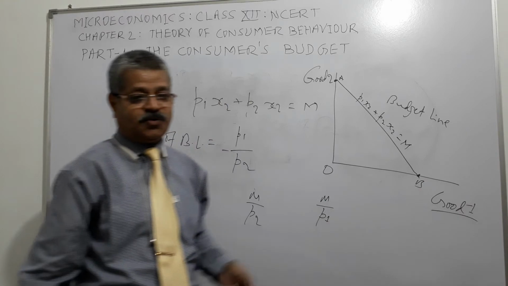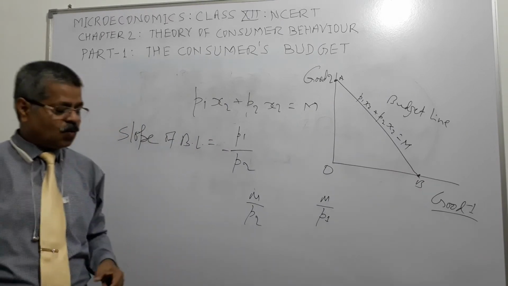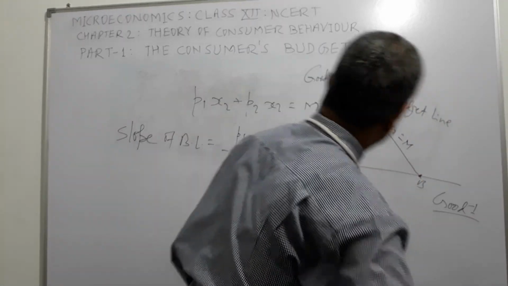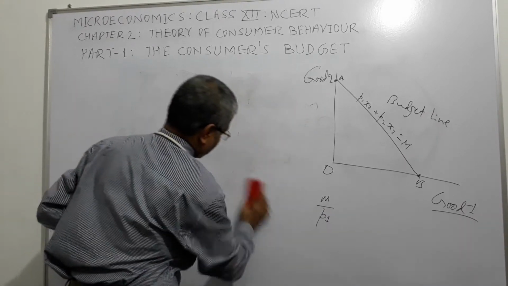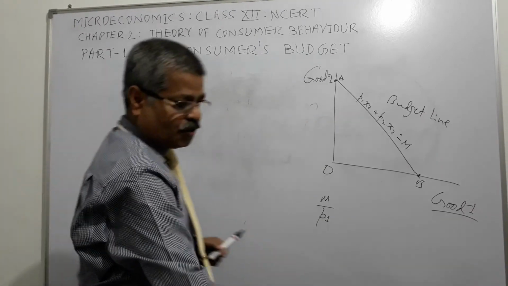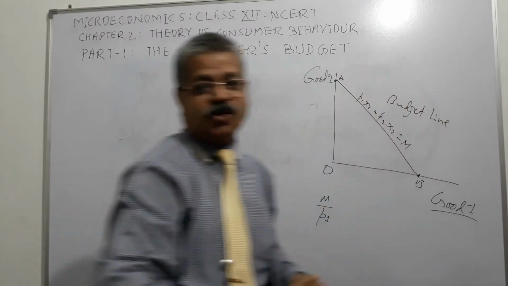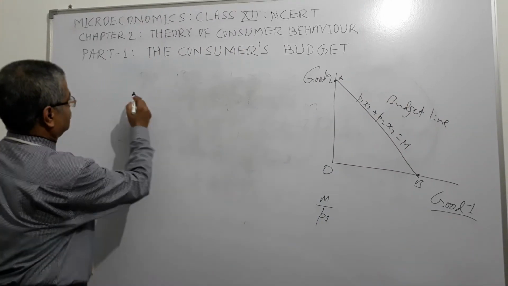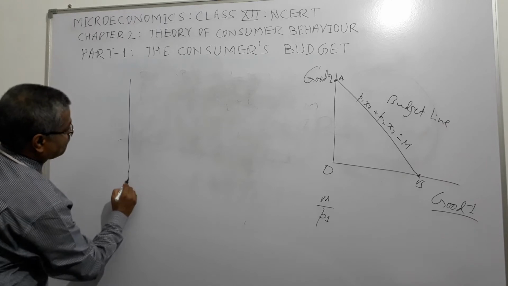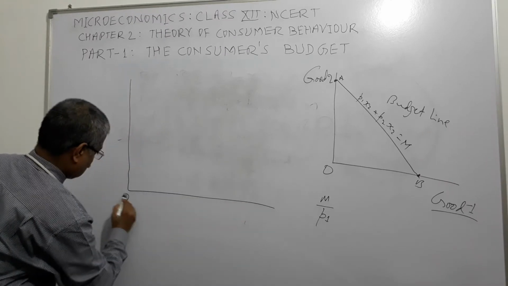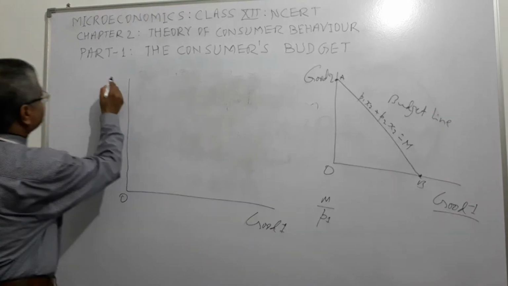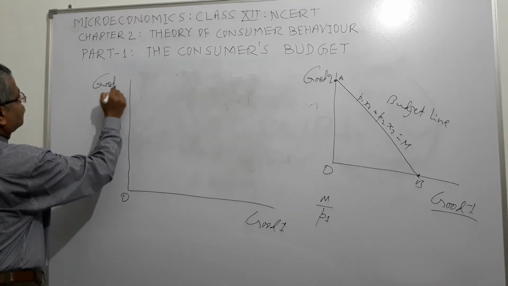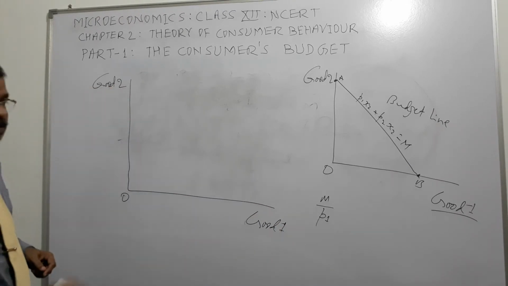Now, we go to the derivation of the slope of the budget line. We will take it like this. O, good 1, good 2, right?